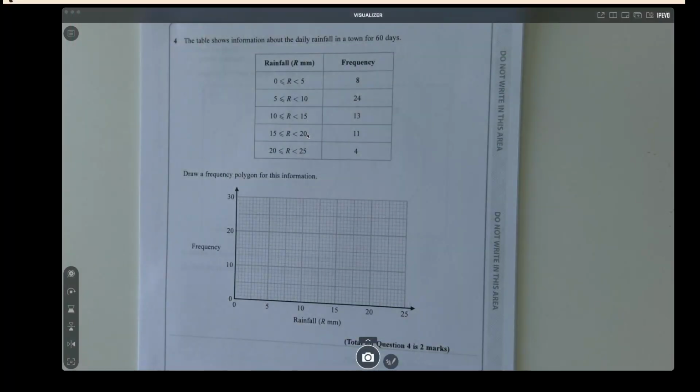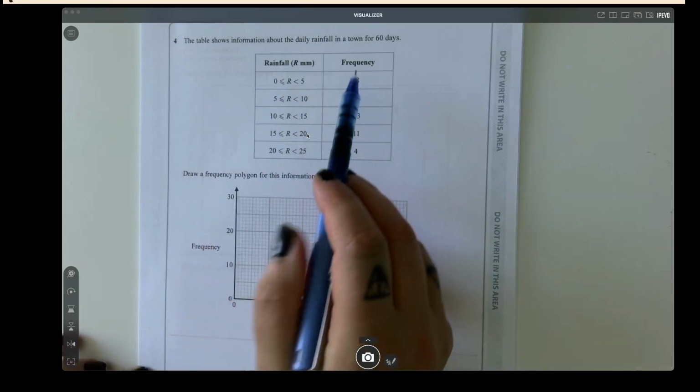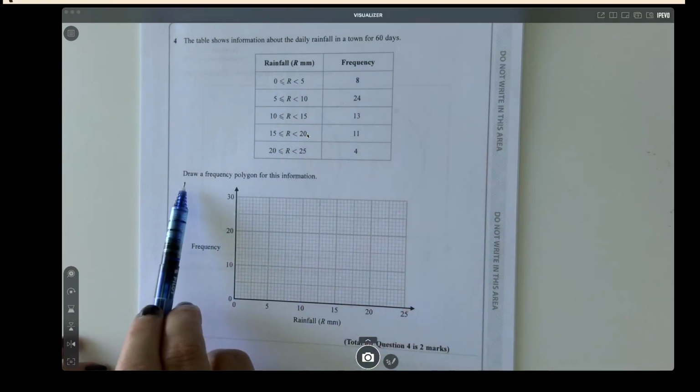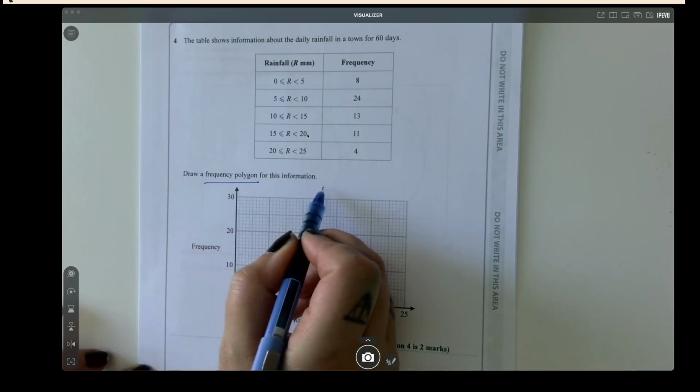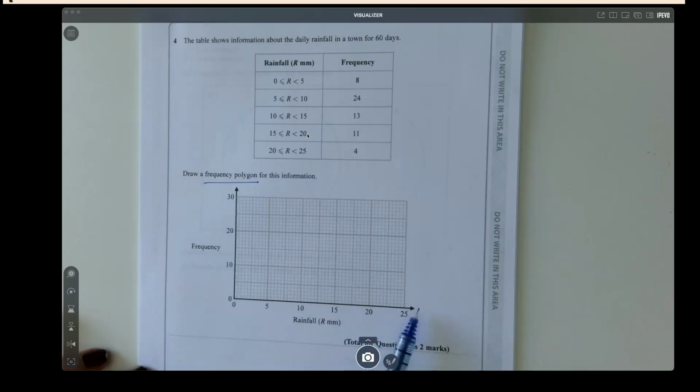Question 4. The table shows information about the daily rainfall in a town for 60 days. So here we've got rainfall and we've got the ranges of values. Here's the frequency. Draw a frequency polygon for this information. So we've got our y-axis, the vertical axis, that's frequency, and the x-axis is the amount of rainfall.